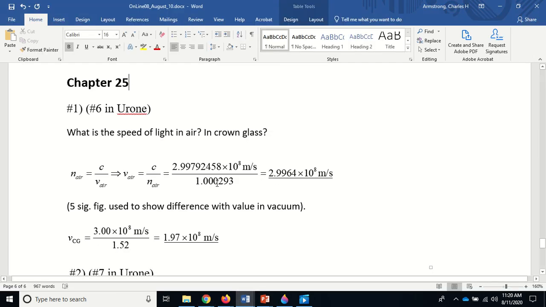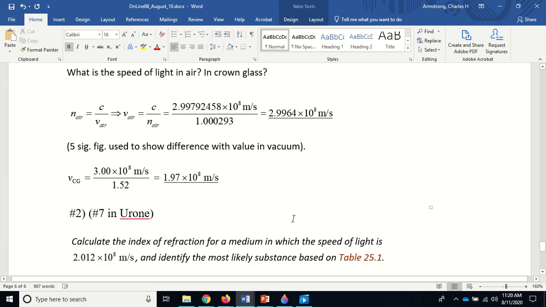Okay, 1.000293 divided in, and they got all these, see, you can see it's basically 3.00, but this is actually what it is out to all these decimal places. And so you get 2.9964. So that would be the speed of light in air. So that's why we can call it 3.00. As long as we don't go out too many decimal places and your book likes to use 3 digits, we can call it 3.00 times 10 to the 8th meters per second in air.